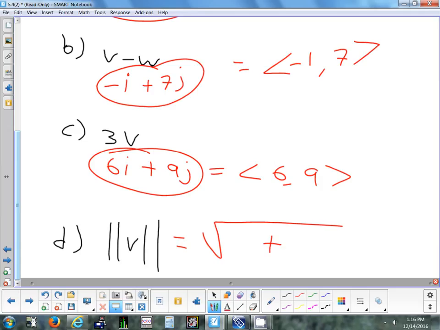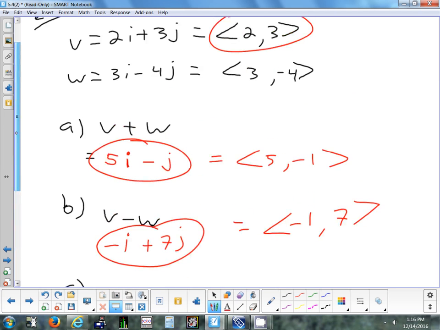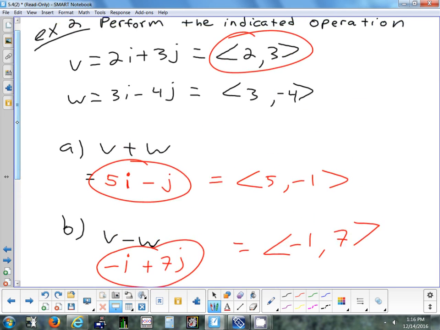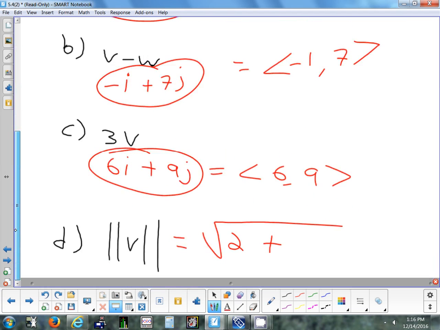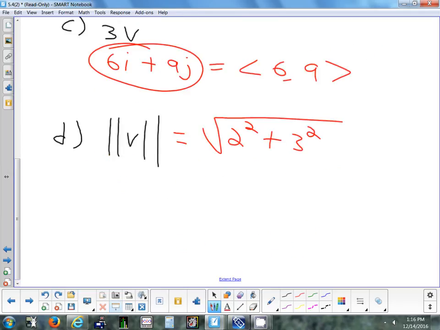What squared plus what squared? X squared plus Y squared. Yep, and what's x in this case? 2. And y was 3. So when I do this, I get square root of 13.